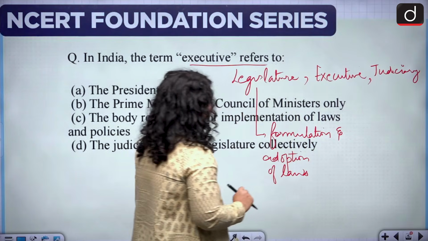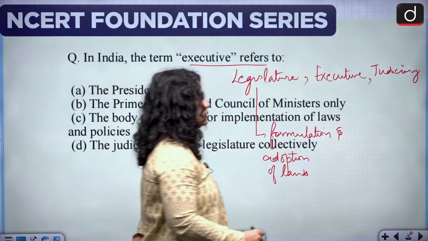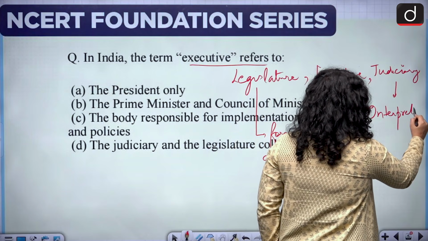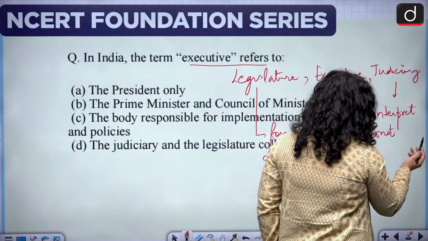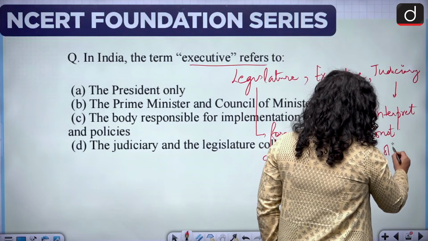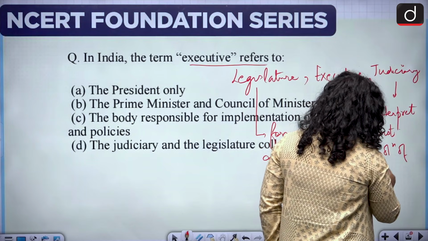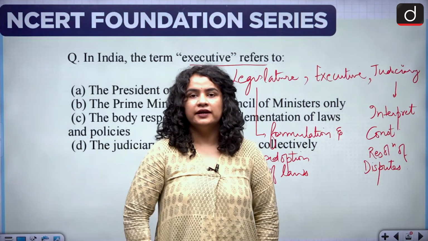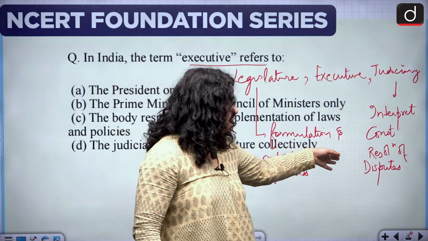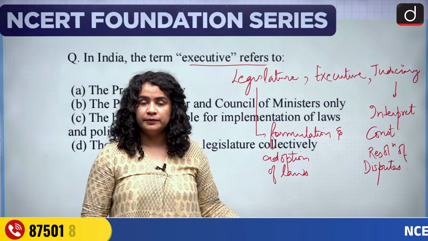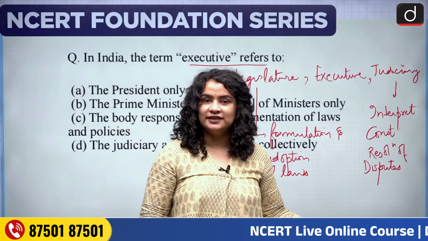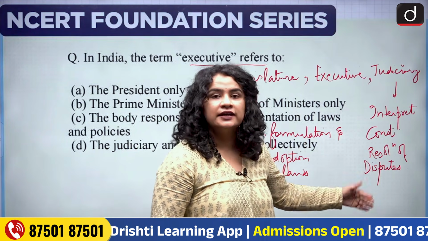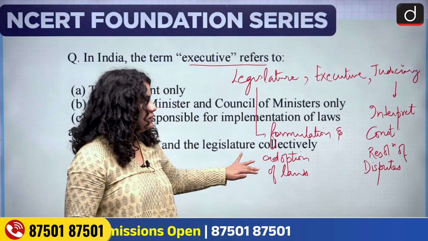Judiciary has to do with interpreting the constitution, as well as dispute resolution. What can the disputes be between? It could be between the center and the states, different states, the state with a capital S, and the citizen, right? So this is what these two organs do.